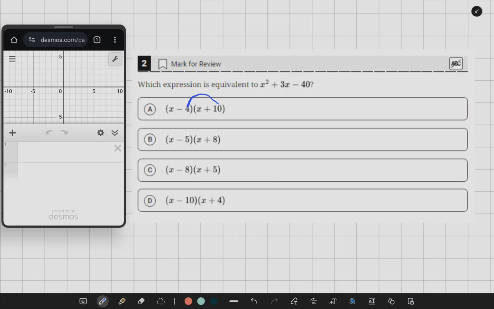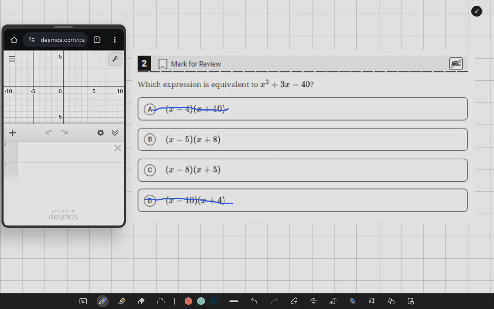So 10 plus 4 gives you 14, and 10 minus 4 gives you 6. So with any variation of pluses and minuses, you'll either end up with a positive 6, a negative 6, a positive 14, or negative 14. And so either way, there's no possible way for us to get to 3 here. So we can already cross out those two options.